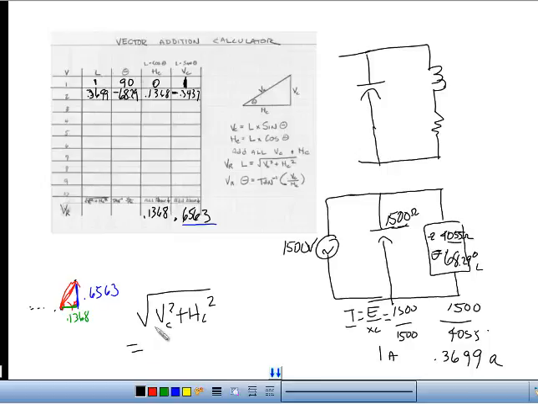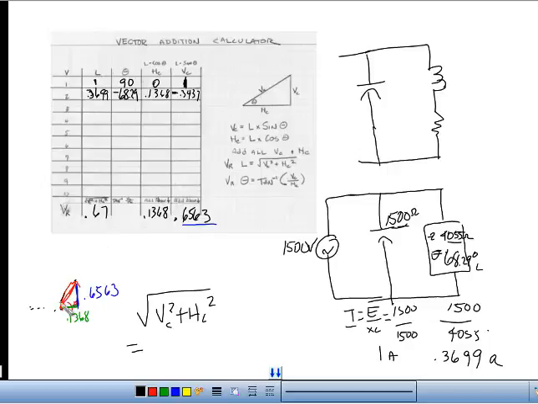All right, so we're going to go square root of 0.1368 squared plus 0.6563 squared. You hit enter on your calculator, that closes the parentheses. You'll come up with 0.670405. I think that's close enough to 0.67.